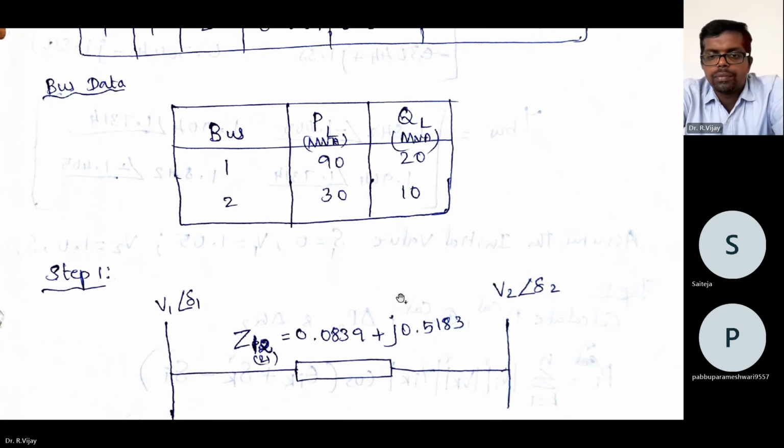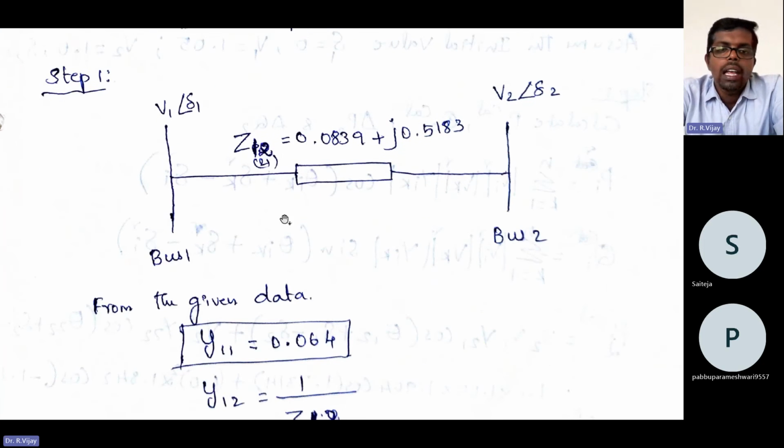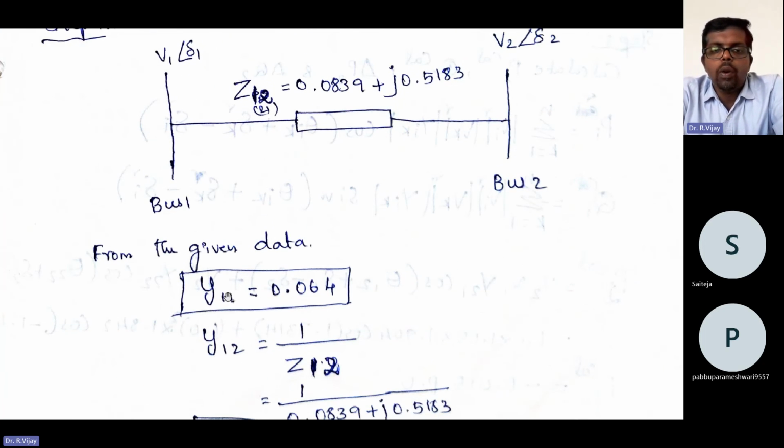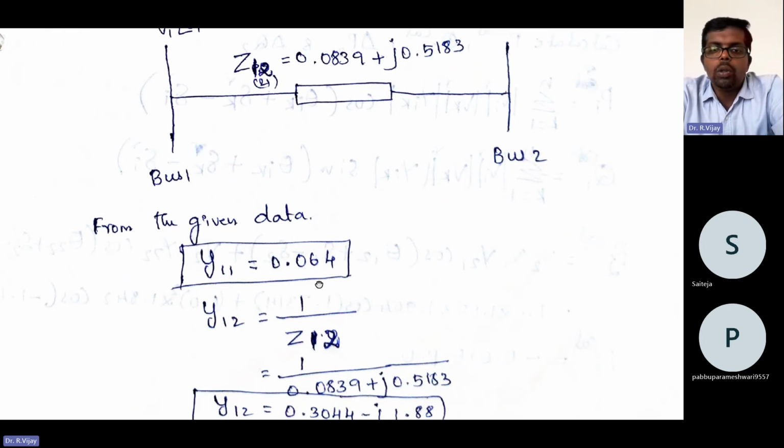That is this value. Next, from the given value, Y11 is equal to only line charging admittance, 0.064. I rounded off here, but you don't round off. You just take it as it is given in the problem.